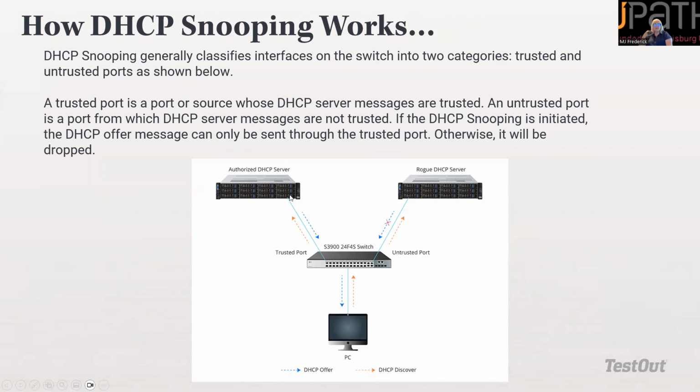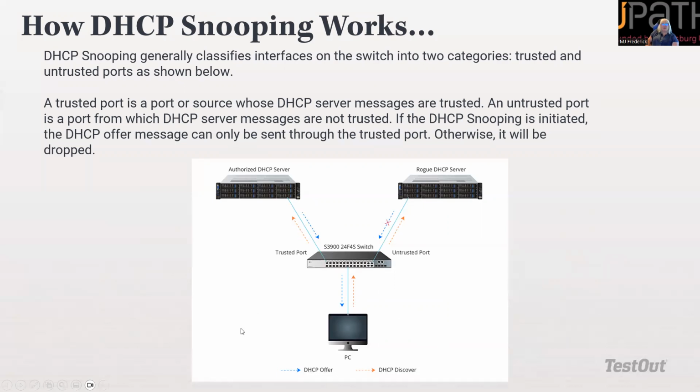So here's our authorized DHCP server going to our trusted port on the switch. And then here's our rogue DHCP. So it's trying to send this to a port, which is untrusted, right? But it could get a response back. But the idea is it's in the offer stage and the discover that we're looking at.